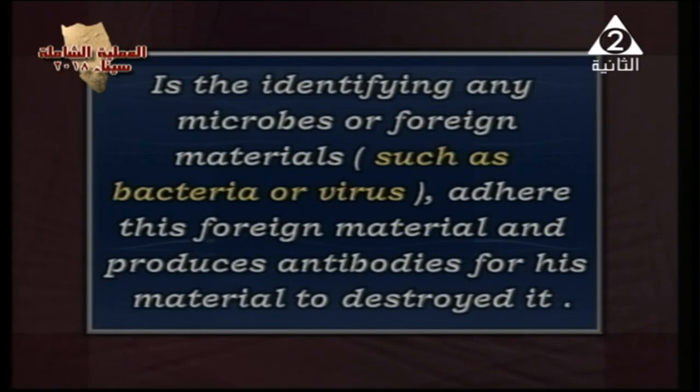To identify and know the microbes or any foreign material such as bacteria or viruses. And by the way, we have some viruses the body cannot detect, because of what? Because these B cells don't work correctly, like the HIV virus. They adhere to these foreign materials and produce antibodies to what? To destroy them. So B cells have the ability of identifying, and after that producing antibodies, finally destroying the foreign materials.